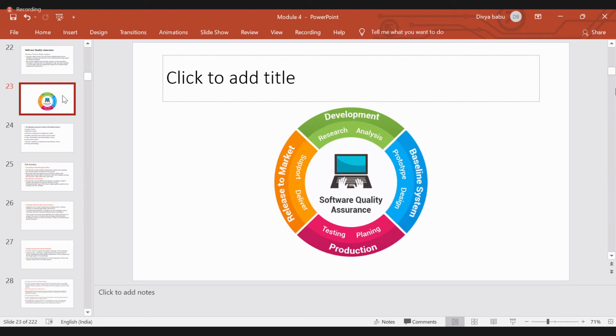So SQA, what are the different phases? A baseline system, its prototype, design, how we are creating the development phase containing research and analysis.